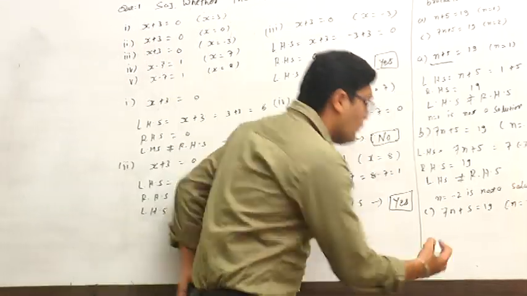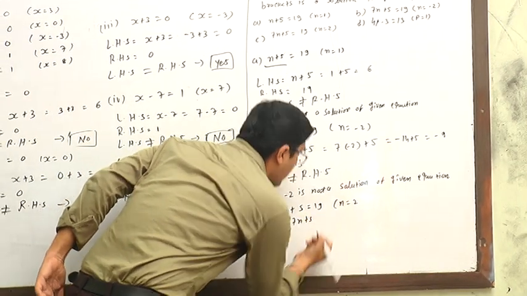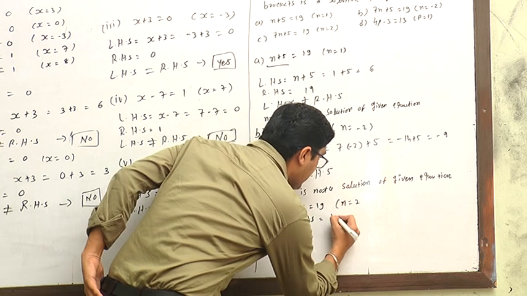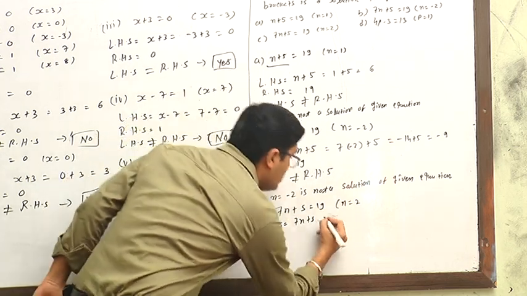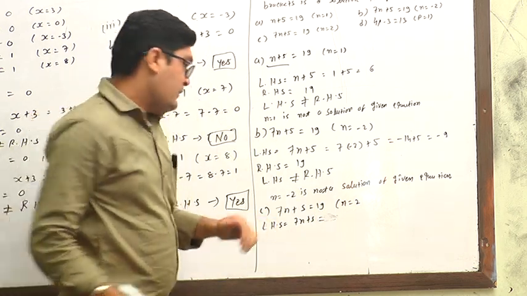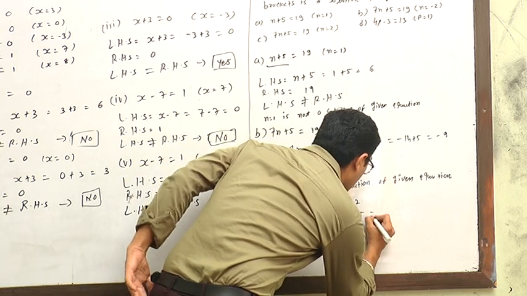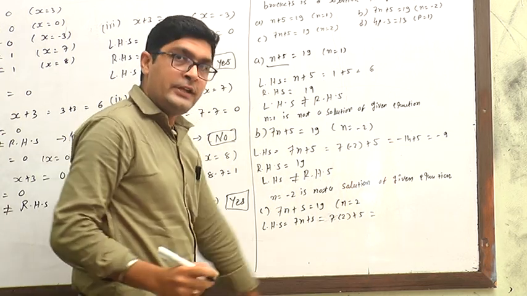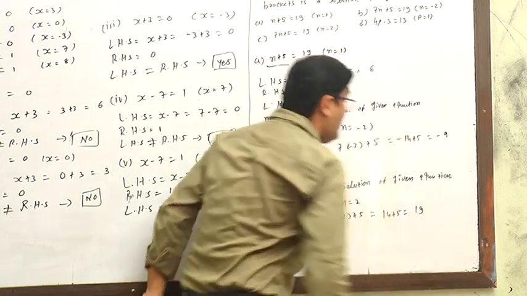Let's start. What is the LHS? 7n plus 5. So what is the value of n? 2. We put the value of n. So 7 into 2 plus 5. 7 twos are 14. Okay, 14 plus 5. What answer will come here? 19.